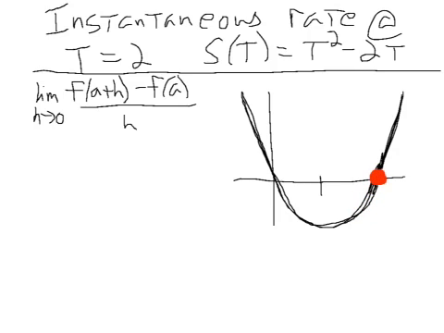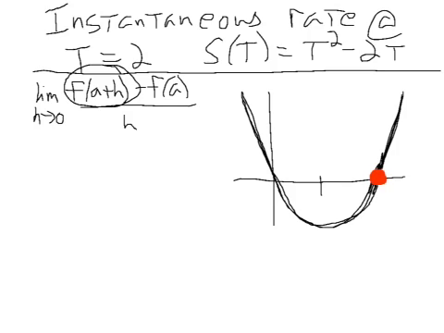So we're going to come back and use that same instantaneous rate formula, and we're going to use this equation, t squared minus 2t. Every place we see a t, for this first part here, we have to substitute in 2 plus h.